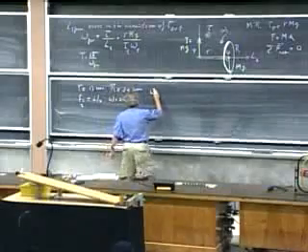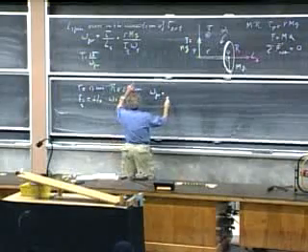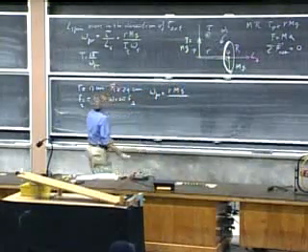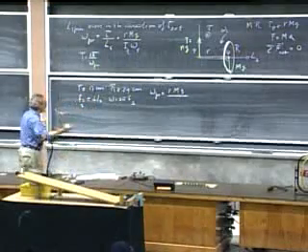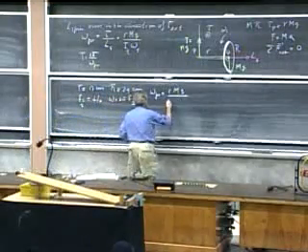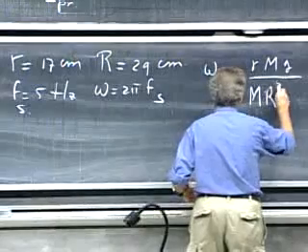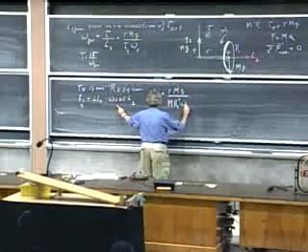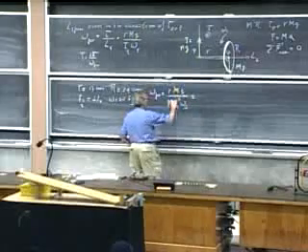So I get that omega precession now equals Rmg divided by the moment of inertia times omega s. I assume that all the mass is at the circumference. It's an approximation, so we get mr squared. And then we get omega s, which we have here. We lose the m.